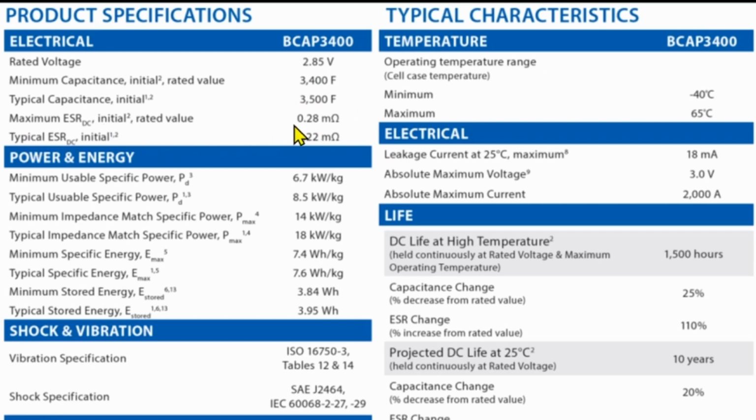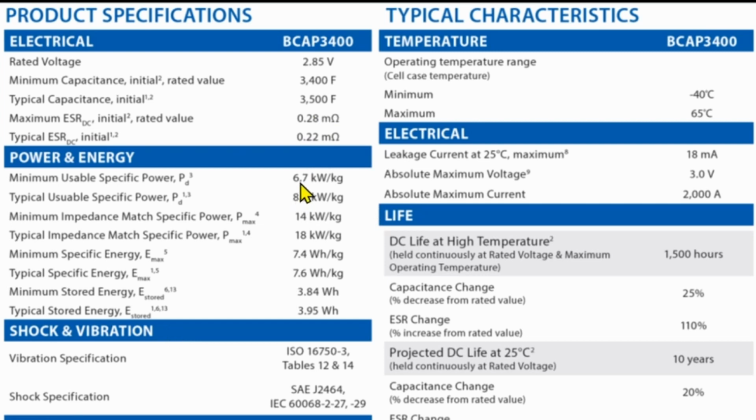This is the internal resistance, so this determines how fast you can discharge them and how big the heating up is. If you have really high discharge rates and a high resistance there, then you have considerable heating, and this may destroy the capacitor. So if you have just 0.28, so it's really low, you can really supply a high discharge current.